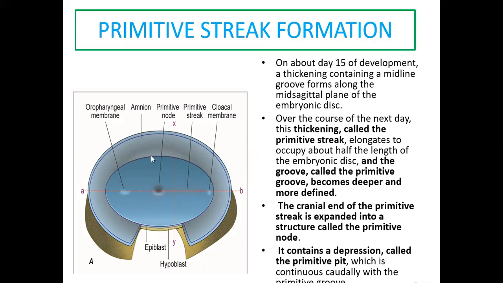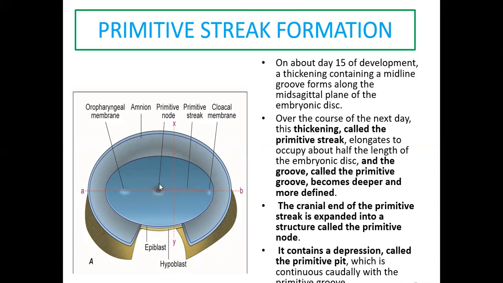This is the amniotic cavity and we are viewing the embryo from the embryonic pole. Over the course of the next day, this thickening, called the primitive streak, elongates to occupy about half the length of the embryonic disc, and the groove, called the primitive groove, becomes deeper and more defined.